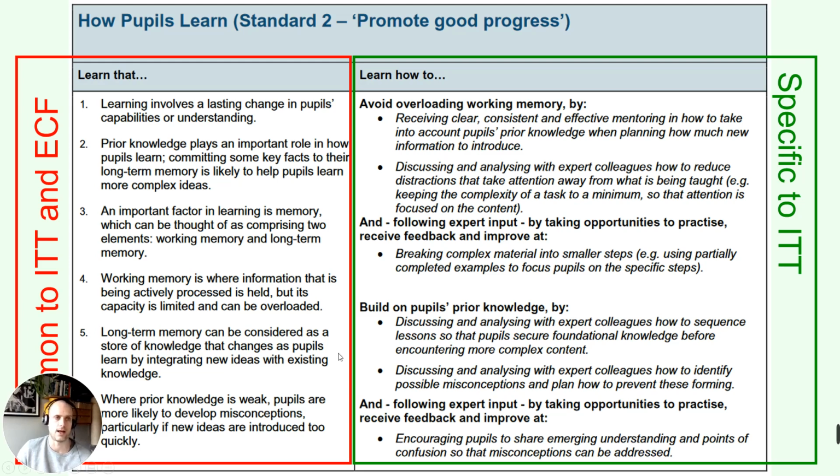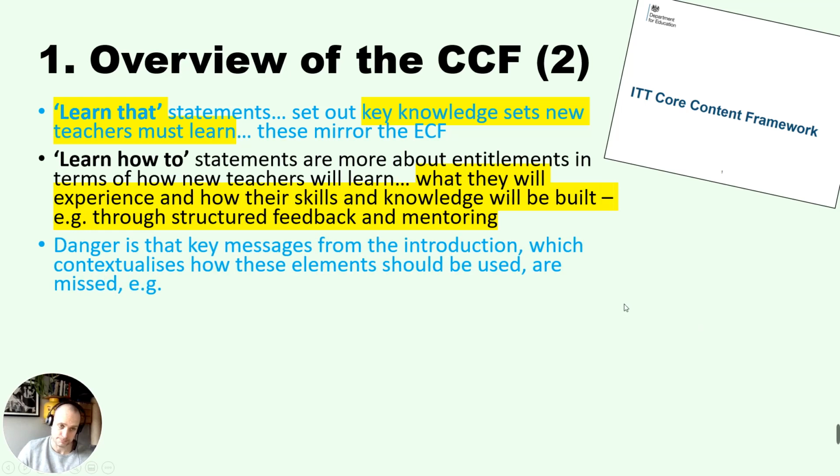Here we go. You've got the learn that statements down the left, the learn how to statements on the right, which is all about how you learn these things, and how you go about picking up skills and knowledge through the provider, which is us, and your school-based practices. So there we go.